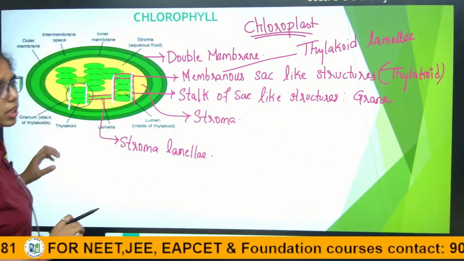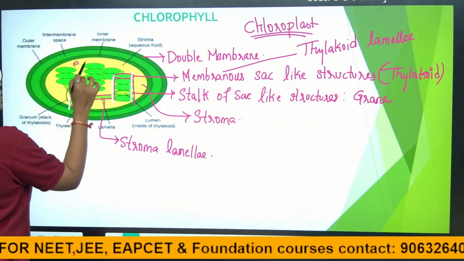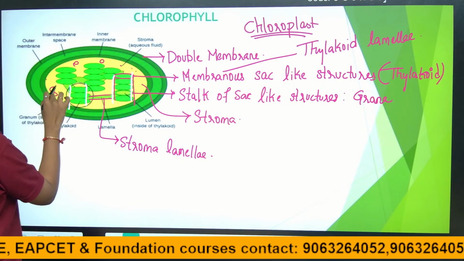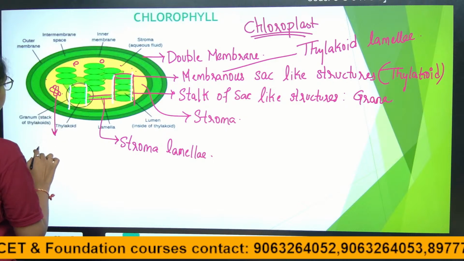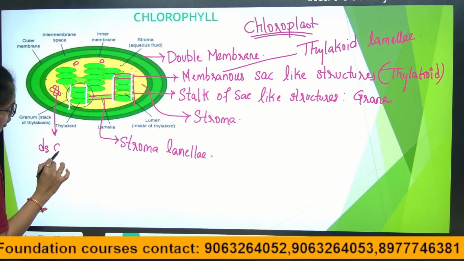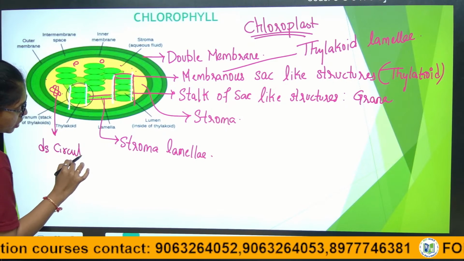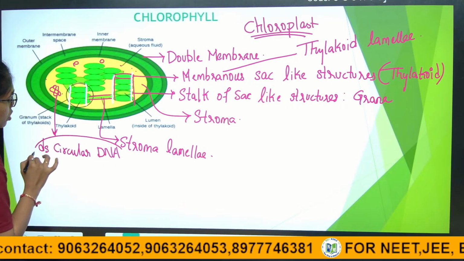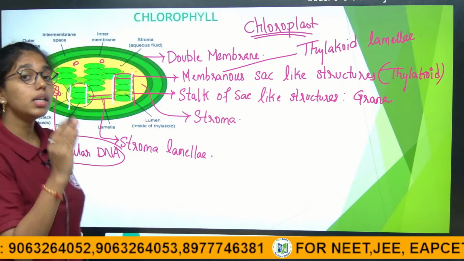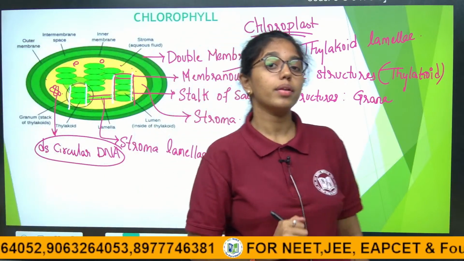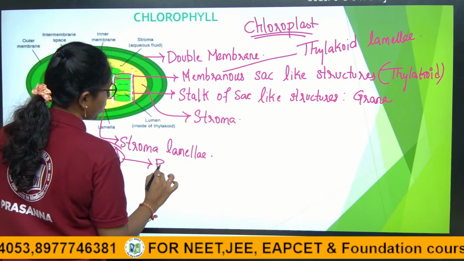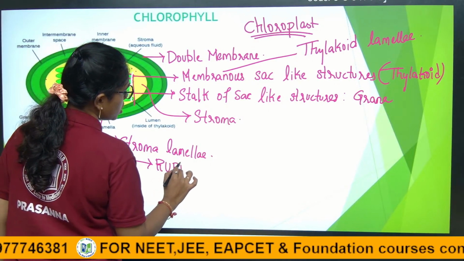The fluid filled space will have some starch granules, lipid droplets, and also small double stranded circular DNA. This DNA will synthesize the world's most abundant protein, that is Rubisco.